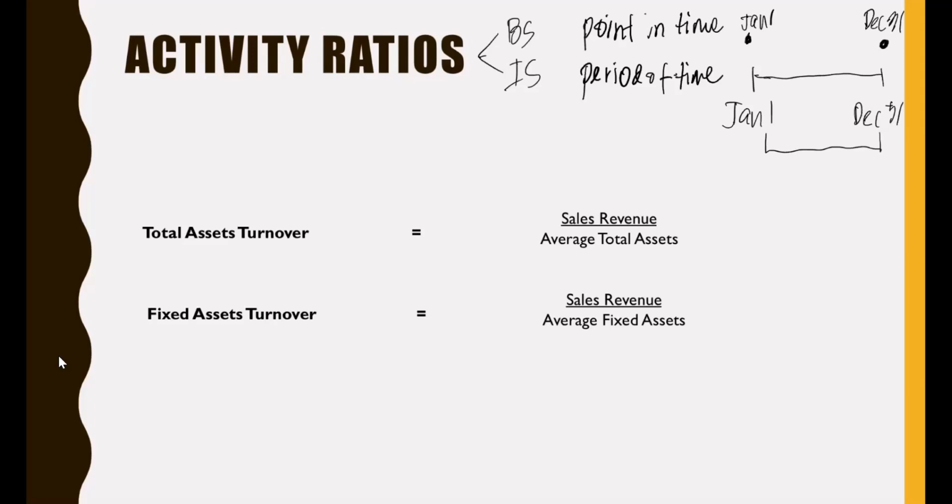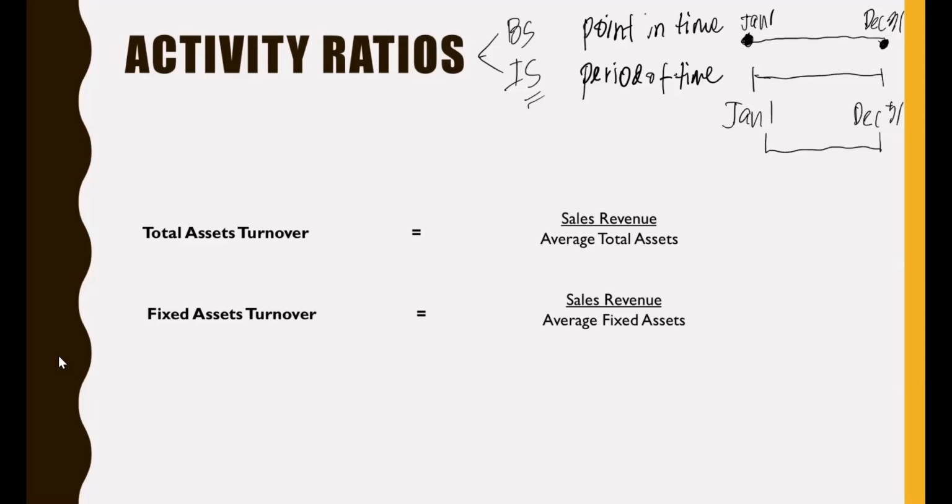Okay? So, to at least cure that defect in our ratios, we determine the average of the balance sheet items. Okay? To make it a representative of a period in relation to the income statement item. Okay? So, how do we get the average?